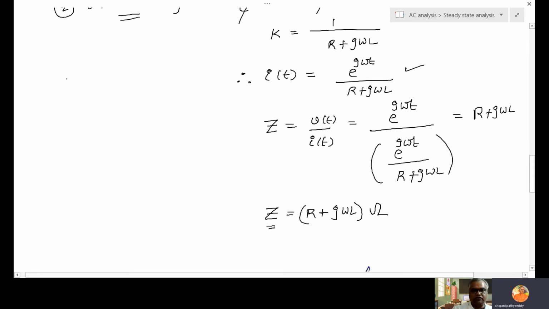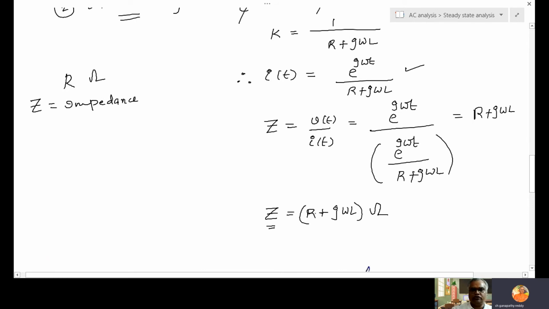Now, this one is a resistor. Resistor units are ohms. And what is Z named as? Z is impedance. So that's why symbol Z is used to indicate impedance.